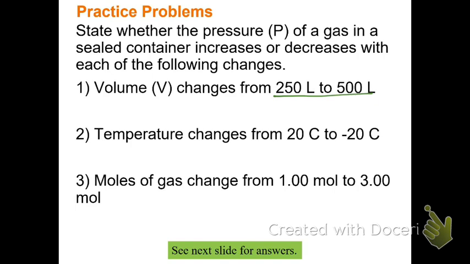So this is an increase in volume. What happens when volume increases? How would that affect pressure? Well, volume and pressure are inversely related, inversely proportional. So increasing volume would decrease the pressure.